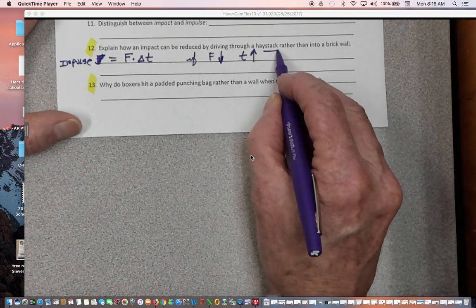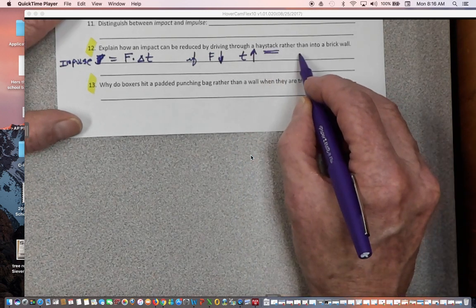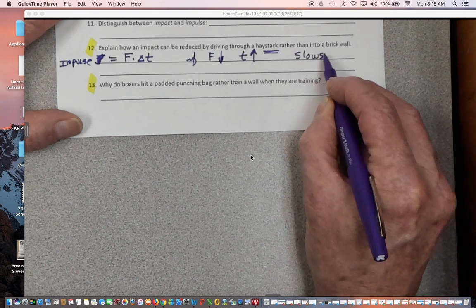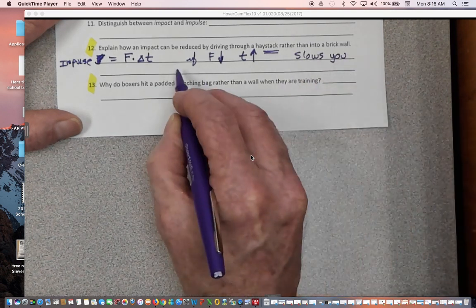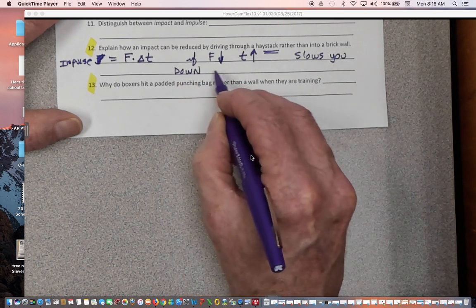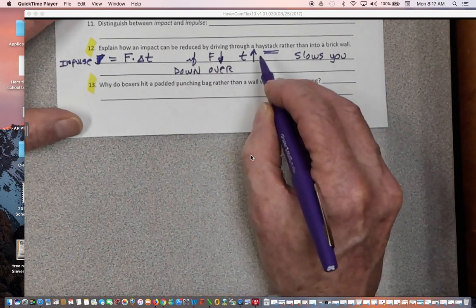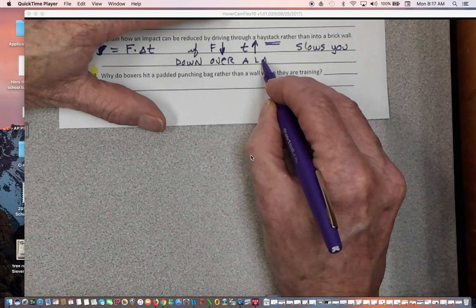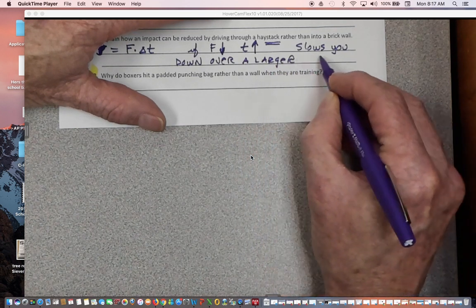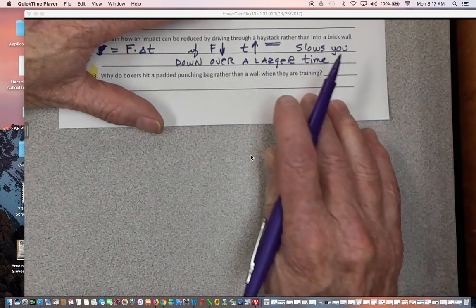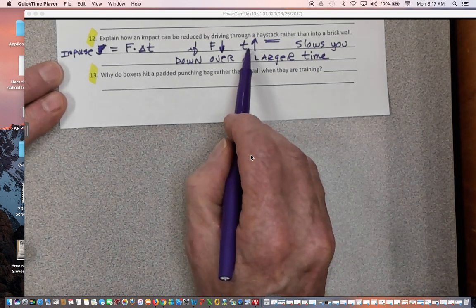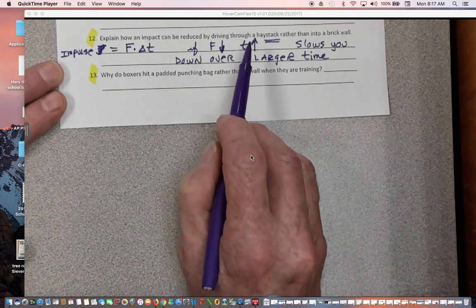What does a haystack do? It slows you down over a larger time, which means time's going to go up. It takes more time to stop.